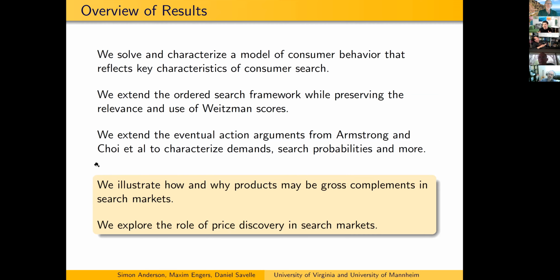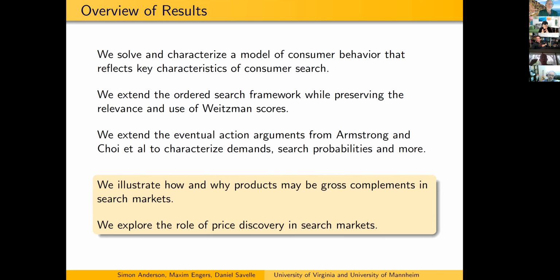So the key here then is actually going to be this tension, which is we want to solve and characterize a model of consumer behavior that reflects key characteristics of consumer search, but we also want to be able to use an ordered search framework with Weitzman scores. We want to preserve the relevance of myopic scoring, or at least a version of myopic scoring. So our goal is to add richness to this structure, but not break scoring rules.